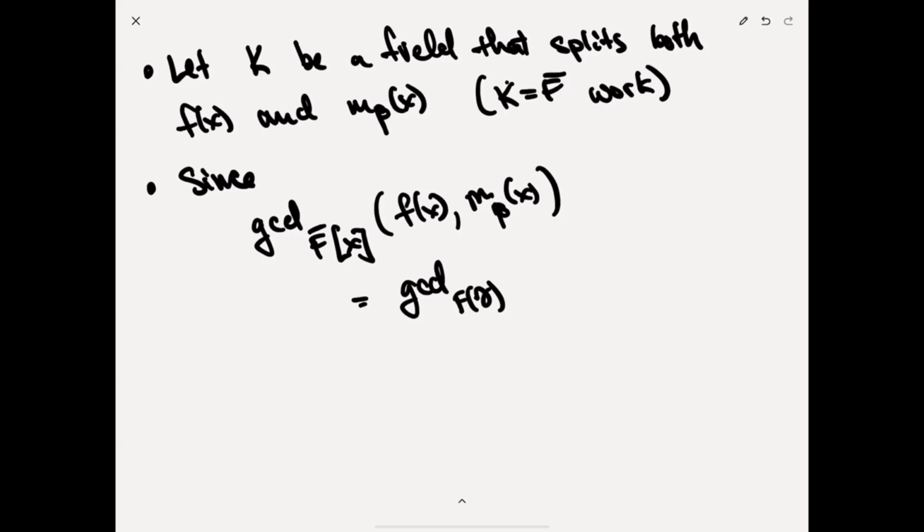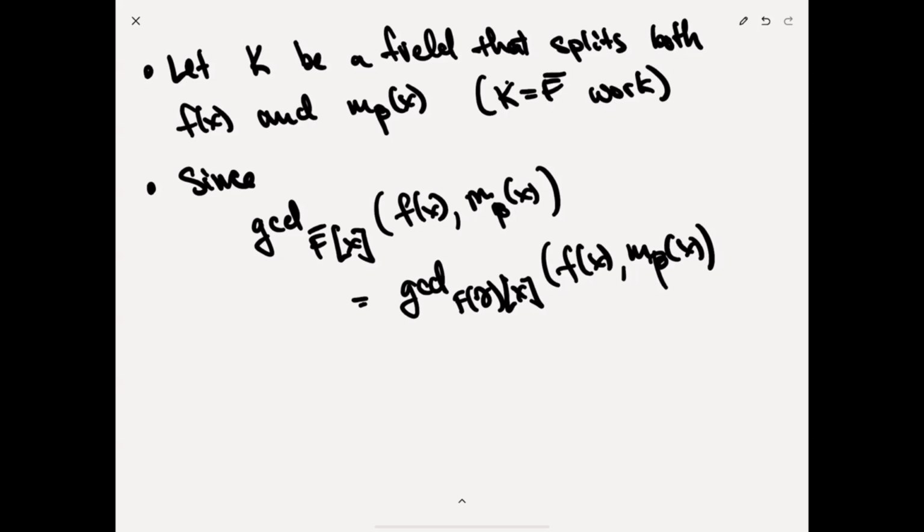Another thing is that the algebraic closure of f is the same thing as the algebraic closure of any finite extension of f. That's because this thing is algebraic, so it has to be contained in the algebraic closure. So that's the same thing as the GCD over this field.